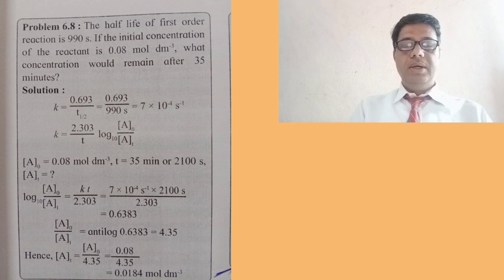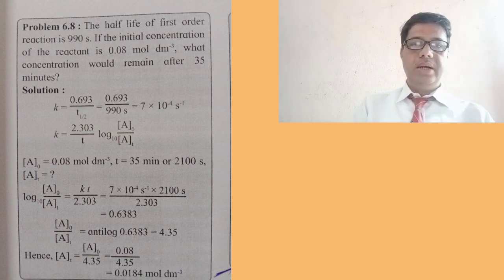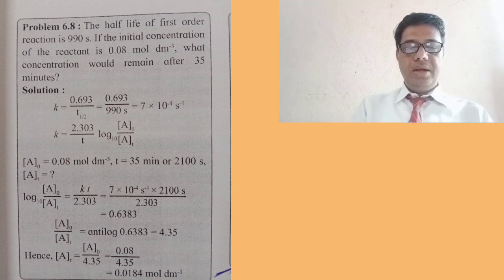First, A0, the initial concentration, is 0.08 mol per cubic decimeter. Time is given as 35 minutes. We have to convert it into seconds, so it becomes 2100 seconds. And we have to calculate the concentration of A, the reactant, at time t, At.